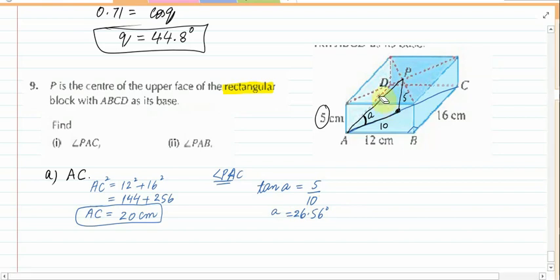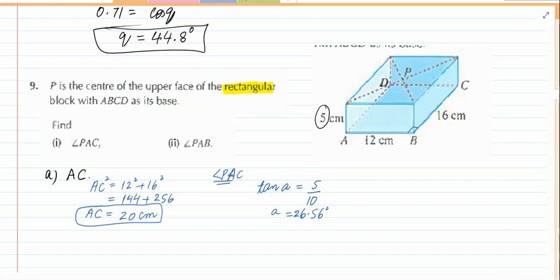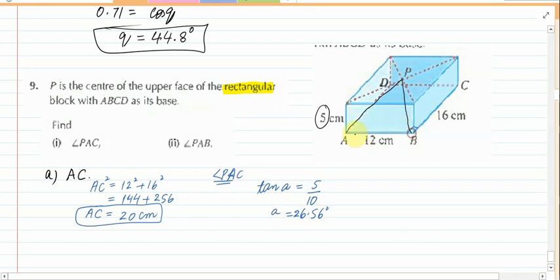And I am going to rub my figure. For the next part, it says angle PAB. Now first let me draw the triangle PAB.